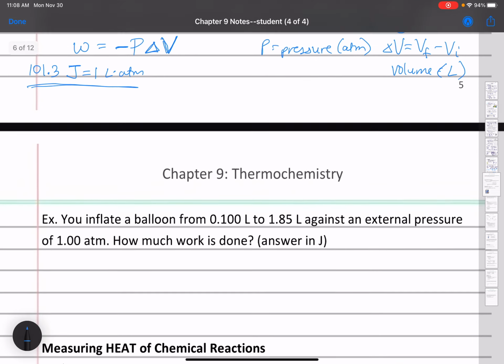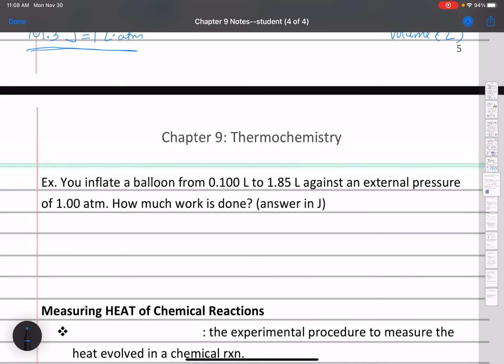All right, so let's do a practice problem here. In this practice problem, we've got a balloon. You inflate a balloon from 0.1 liter to 1.85 liters against an external pressure of 1 atmosphere. How much work is done? And I want the answer in joules. So I'm going to use the pressure volume work equation, negative P delta V. We're trying to find work.